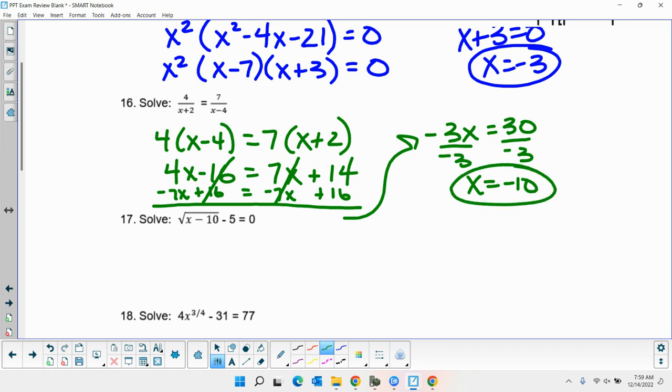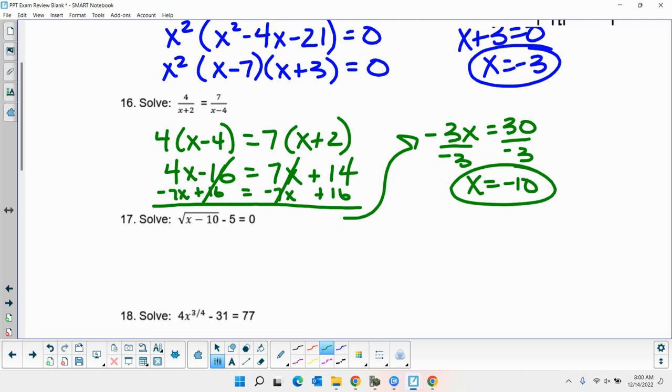Now, on these fraction ones, we got to check and make sure that doesn't give us a 0 in the bottom. Is -10 plus 2 a 0 or -10 minus 4 a 0? No, so it's a good answer. But sometimes, we get an answer that doesn't work. It'll give us that 0 in the bottom. All right.